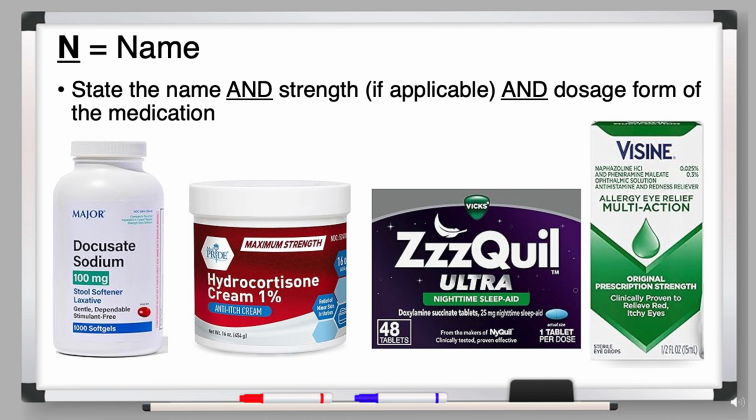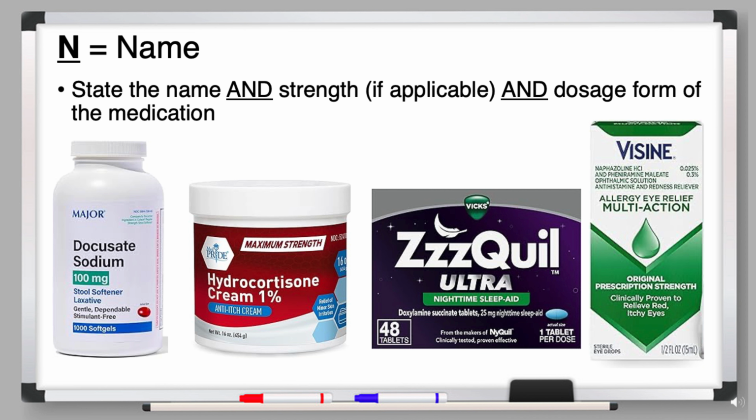So as you can see, names can be complicated depending on whether or not you are dispensing a brand name product versus a generic name product. Some drugs have no strength, some have fairly straightforward strength, such as 100 milligrams.